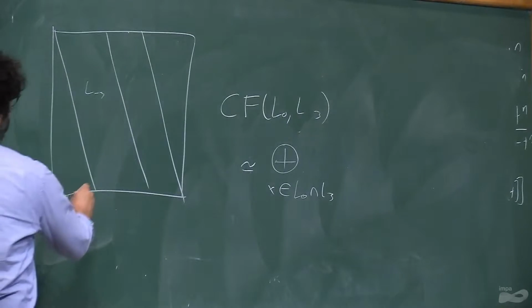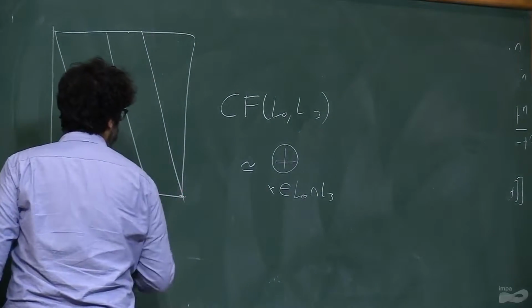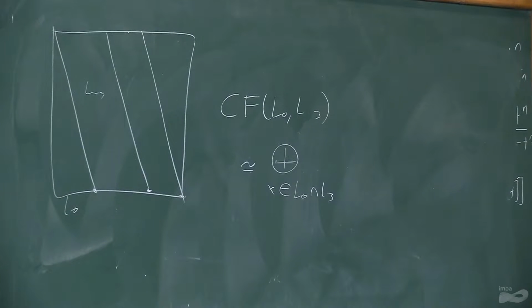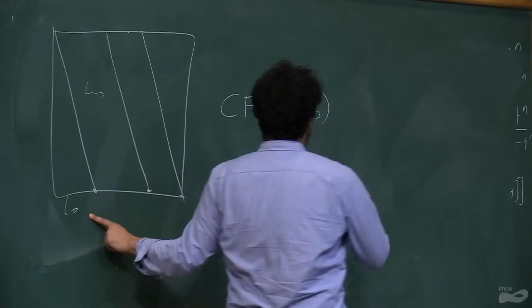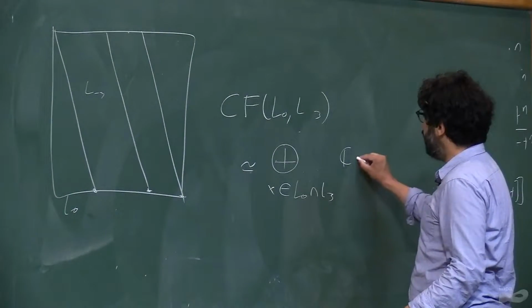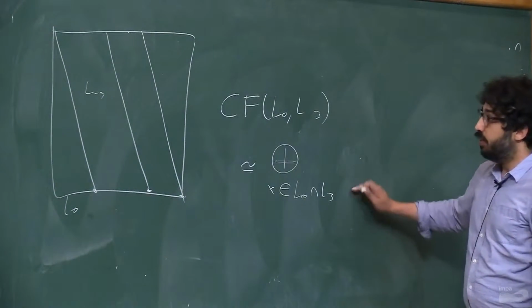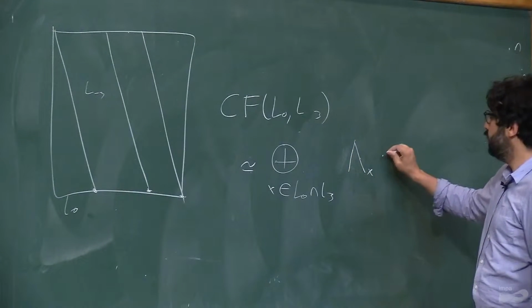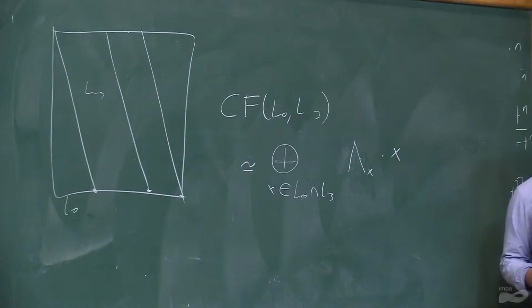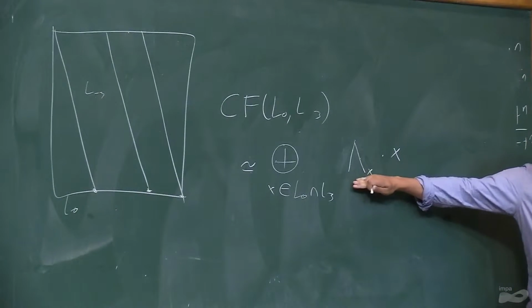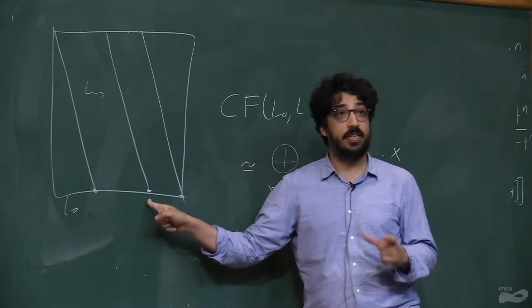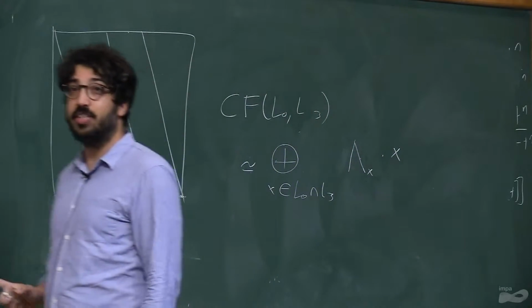But now, there are 3 of them, but they are in different locations on this manifold. So the coefficients, so instead of writing c times x here, or lambda times x here, I'll write lambda x times x. Okay. So the coefficient is here, and it's not the same as this one. It's not canonically the same.